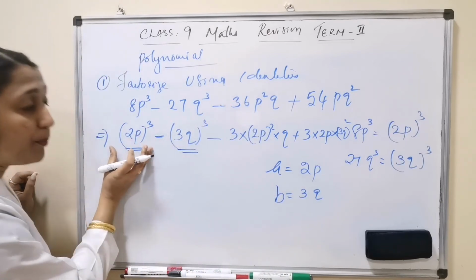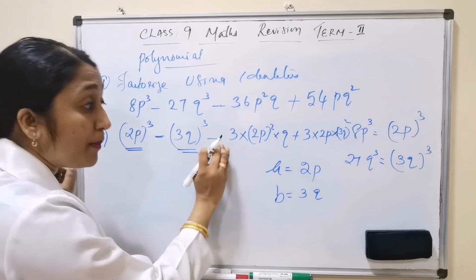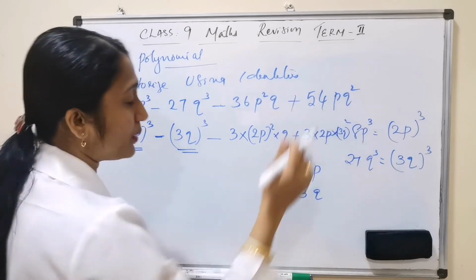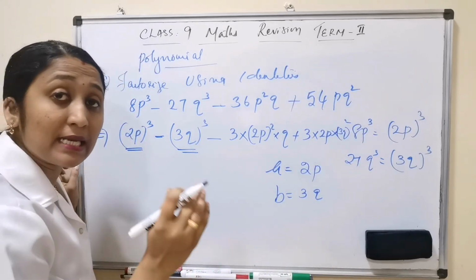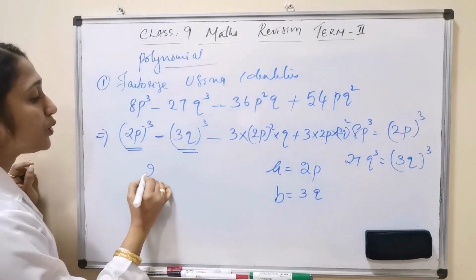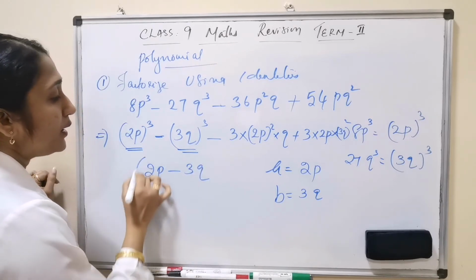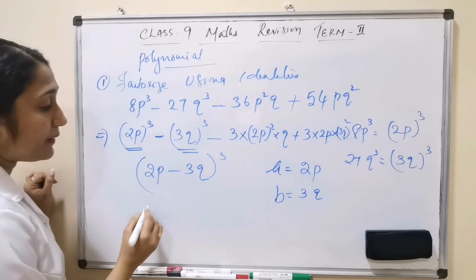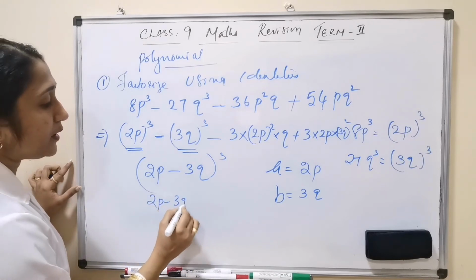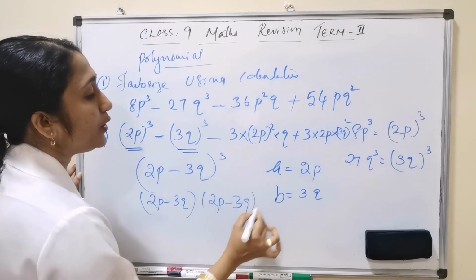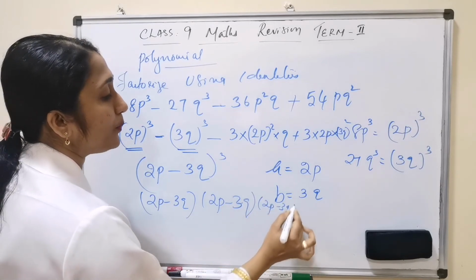It is a cube minus b cube minus 3a square b plus 3ab square. So that is a minus b the whole cube. So 2p minus 3q the whole cube. What are the factors? 2p minus 3q into 2p minus 3q into 2p minus 3q.